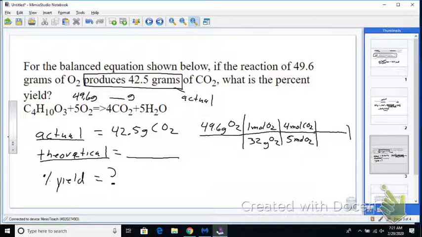And our last step is for every 1 mole of CO2, we have 44.01 grams of CO2. So that's that good old mass to mass that we've been working on a lot. As we go through it, we'll calculate that, and that's our theoretical yield. Then all it is at that point is plugging in those numbers like we did before.